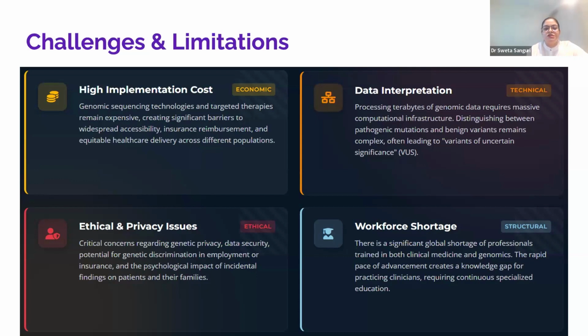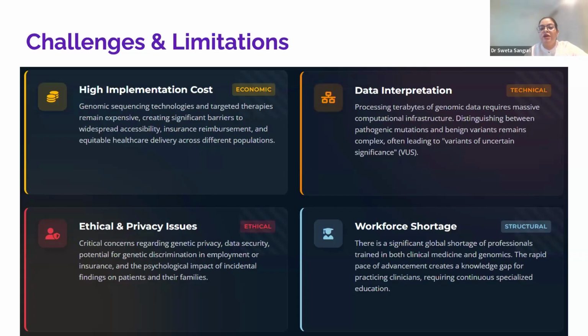The second challenge is data interpretation. Like I said, the data that is generated is massive. It is huge data, and distinguishing between the significant data or mutations which cause problems can often lead to variants of uncertain significance, which we call VUS.